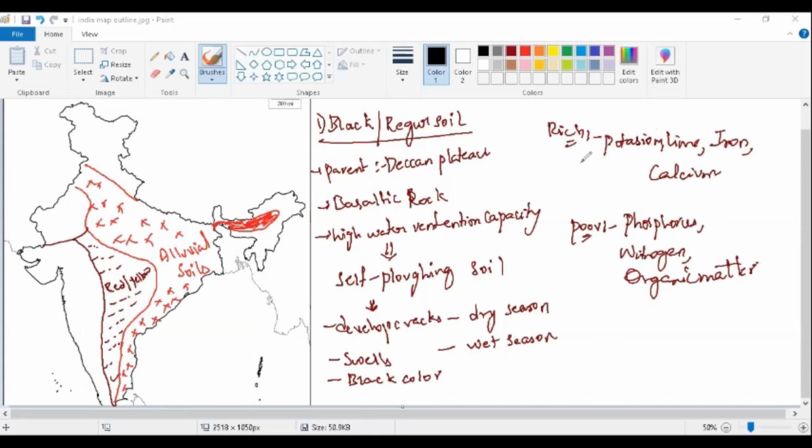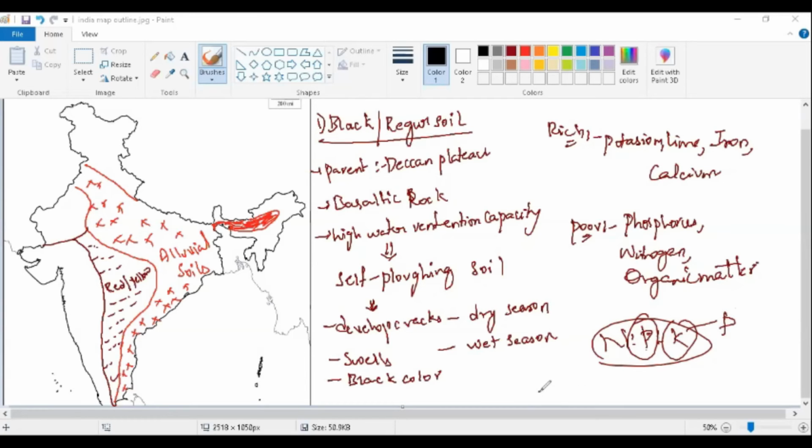So while remembering this rich and poor, the main important things are NPK. What are these? Nitrogen, phosphorus, potash. Oh, yeah, sorry, K for potassium. So you are supposed to remember these three for sure. Remaining depends upon your memory space, but these three are important for any soil.